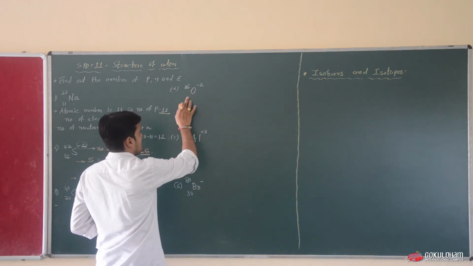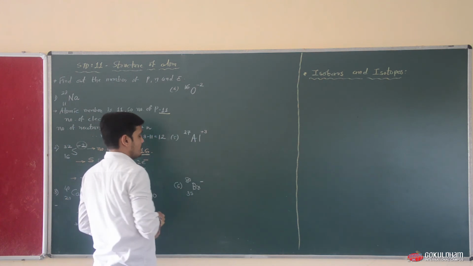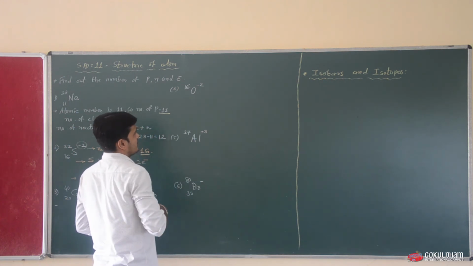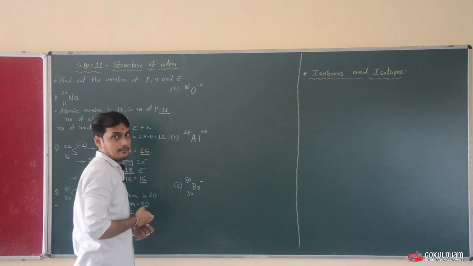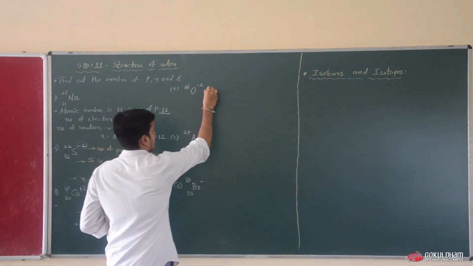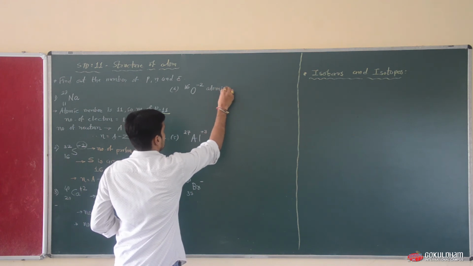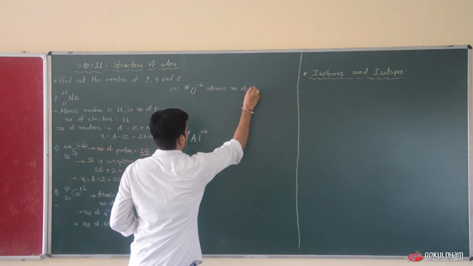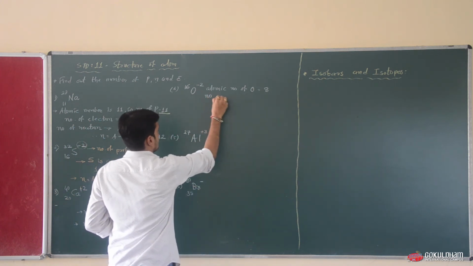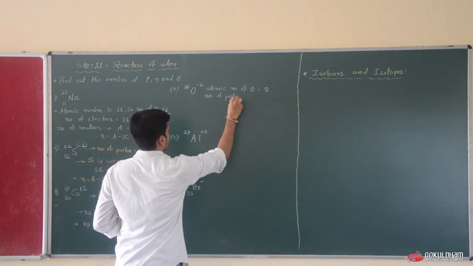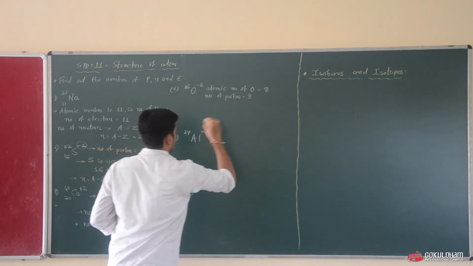In this oxygen there is an absence of atomic number. The atomic number is not given. You must know the atomic number of 1 to 30 elements. Atomic number of oxygen is 8. So number of proton is 8.